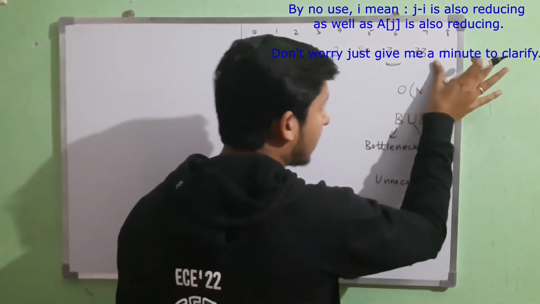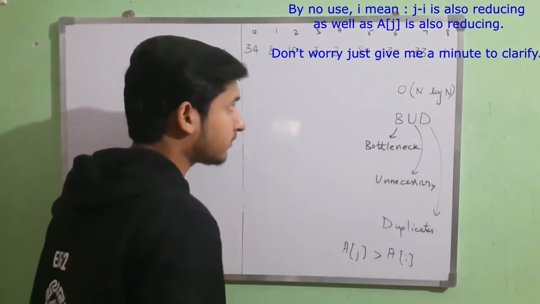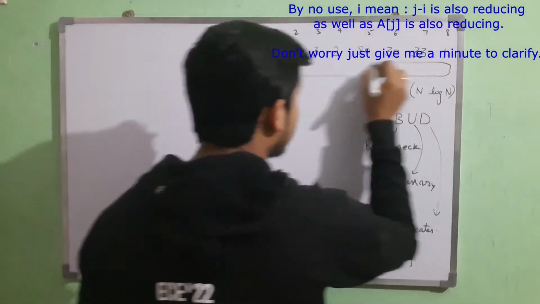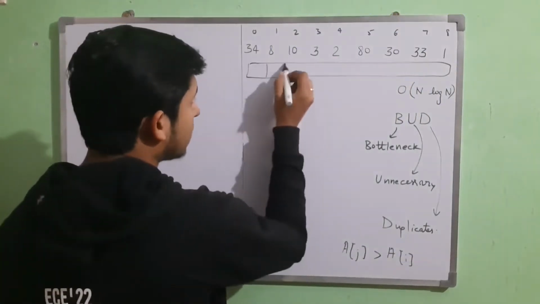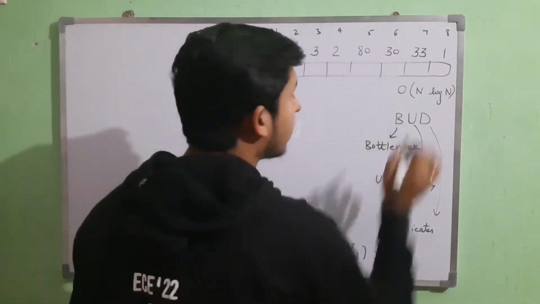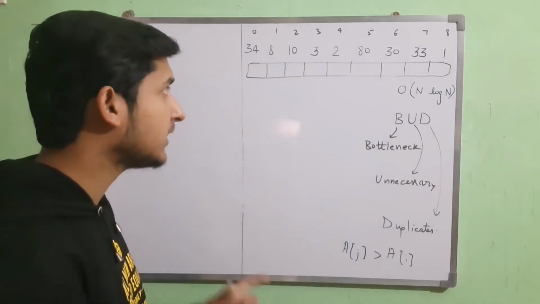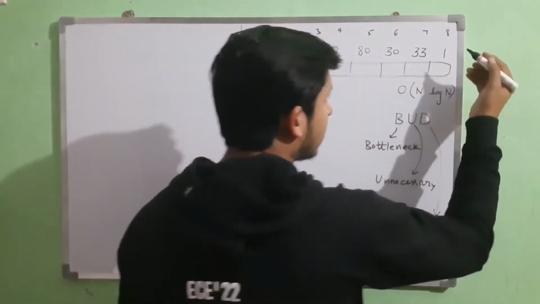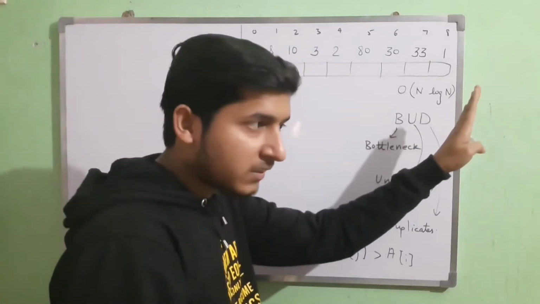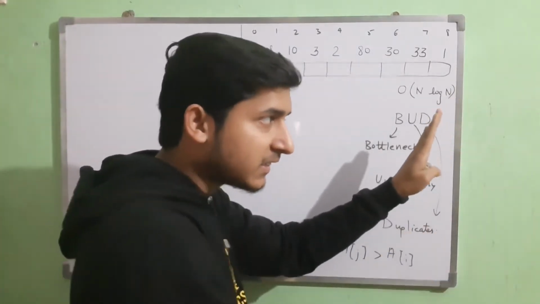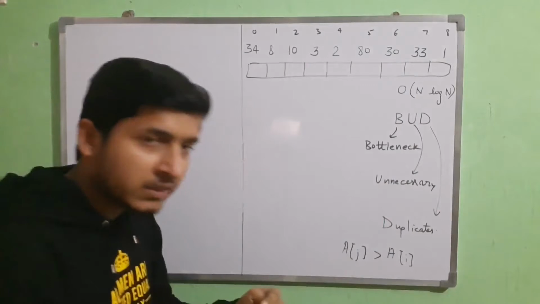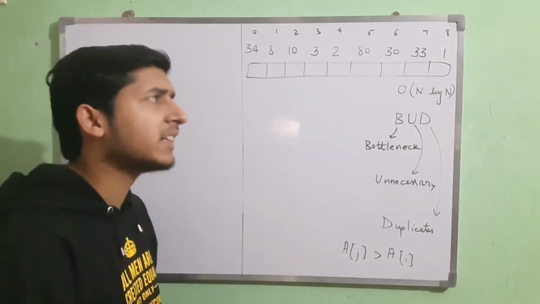So what we will be doing now is we will have an auxiliary array. Now what we will do with this is, I understand that if the element is at the right, then it is smaller, and if it is going to the left, then it has to be larger, otherwise it is of no use.